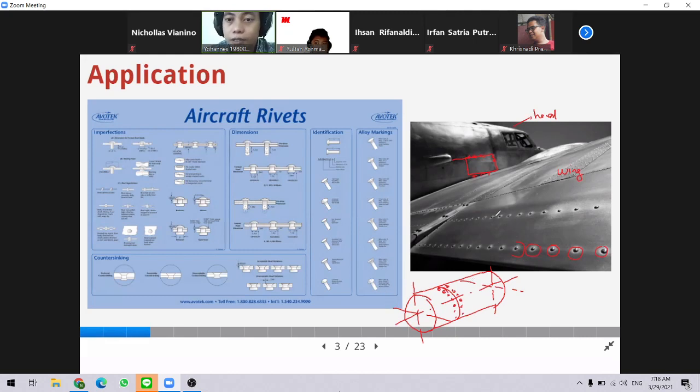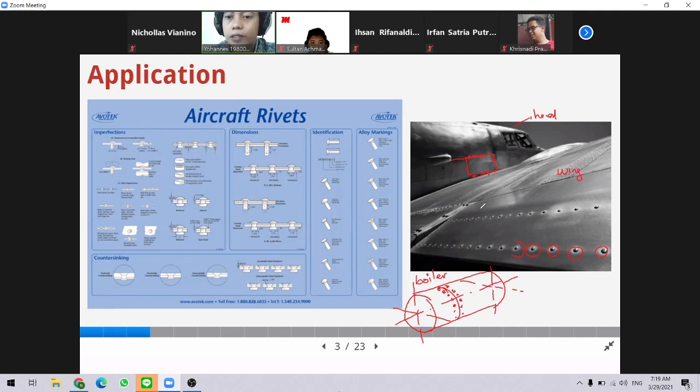Okay, so the rivets on both the airplane and the boiler receive some load, actually very big load. The rivets must keep each part in its original position without deforming, without being displaced, or without fracture.